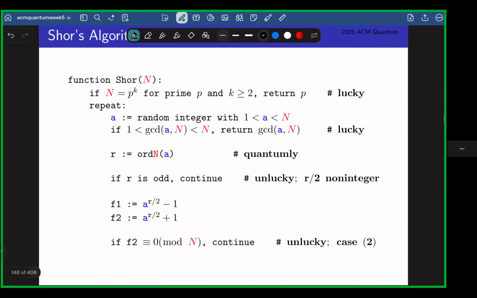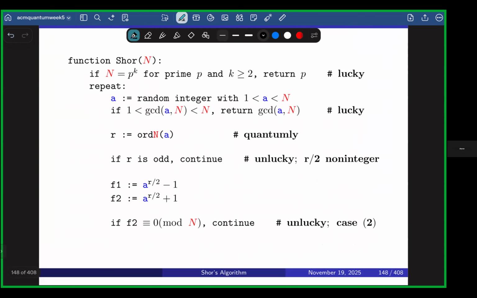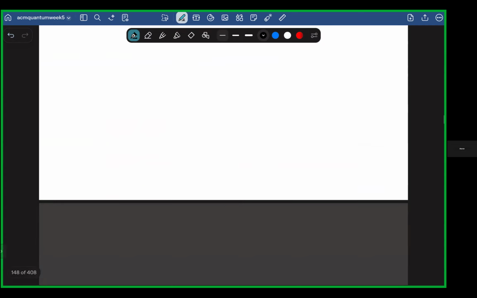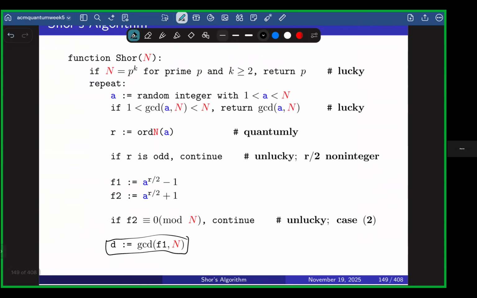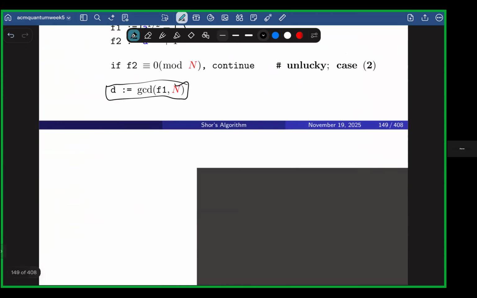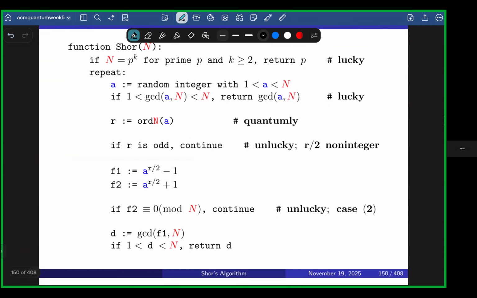First we test if the second factor is 0 mod n. That would mean we're in case 2, where all the factors are in that number, so we continue and choose another A. If not, all we do is compute the GCD of this with n, and if it's greater than 1, then that's the factor.